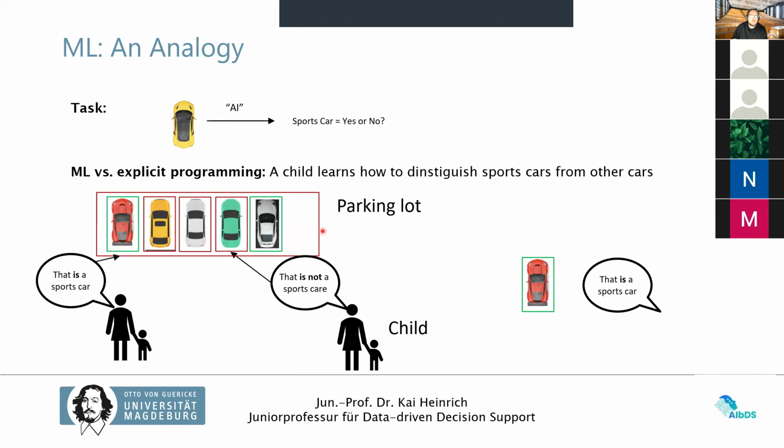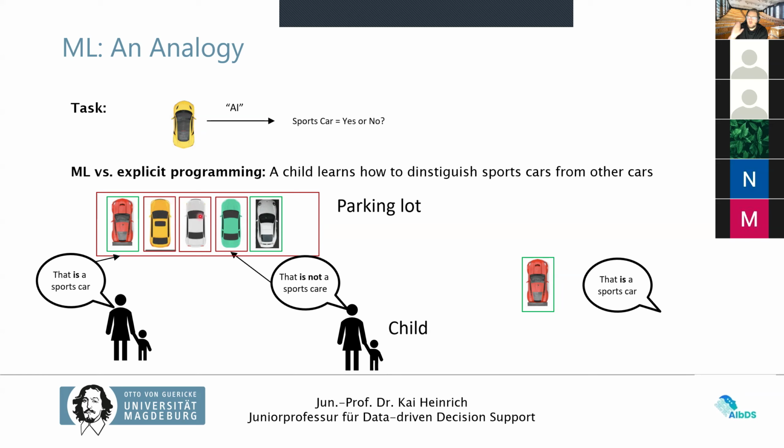Go to the parking lot, takes the child by the hand and starts with the first car. And the mother tells the child the solution to the task, right? And says, hey, this one right here, this is a sports car. Then the child looks at the car, okay, all right. Goes to the next car and says, this is not a sports car.